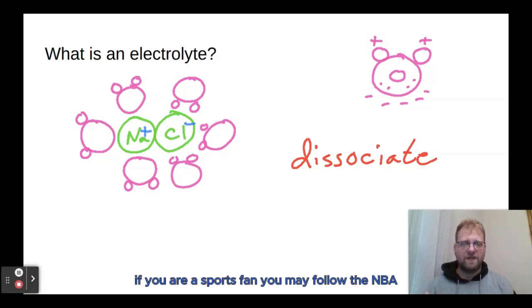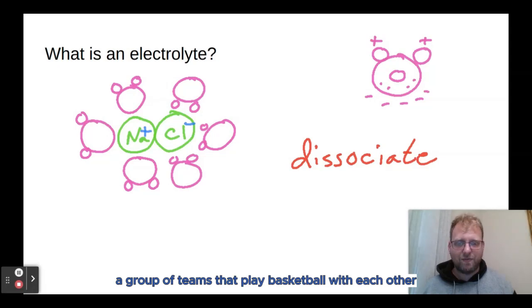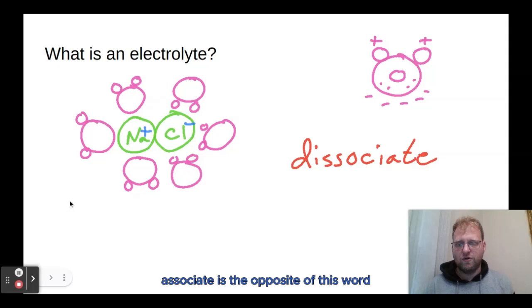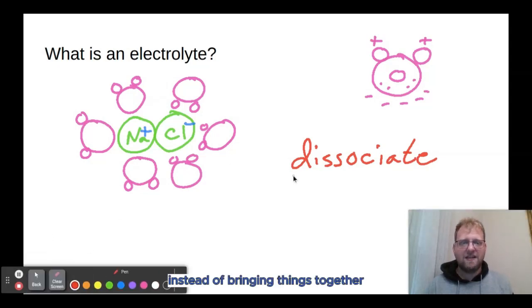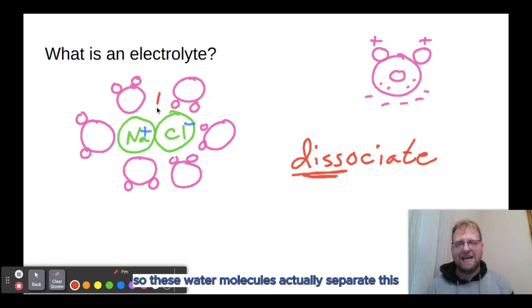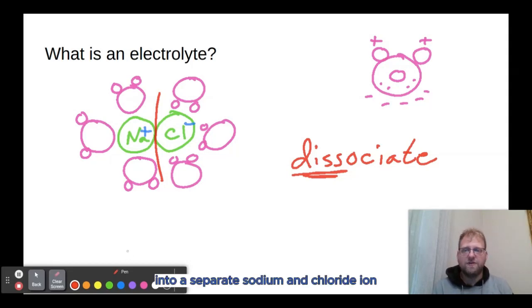If you are a sports fan, you may follow the NBA, the National Basketball Association, a group of teams that play basketball with each other. Associate is the opposite of this word. So if I say dissociate, instead of bringing things together, I am pulling them apart. So these water molecules actually separate this sodium chloride unit into a separate sodium and chloride ion.